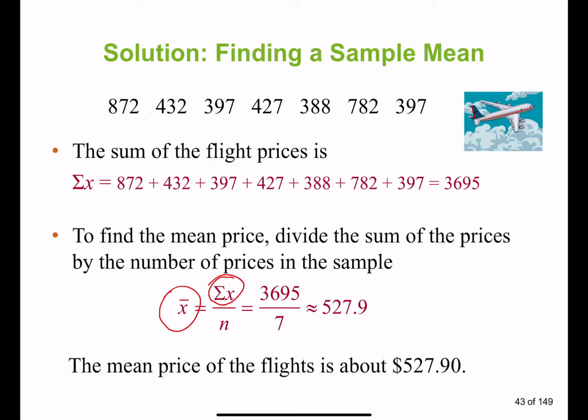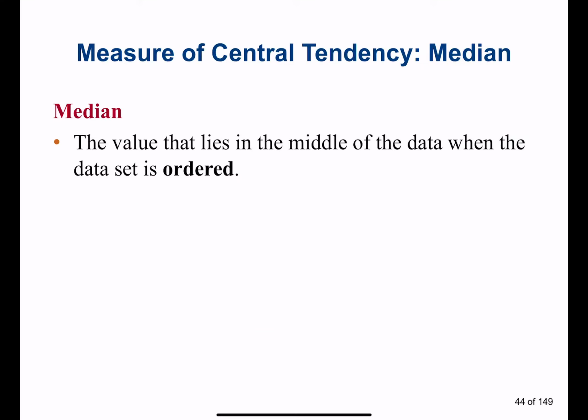We add all x's, divide by amount. So sum of all x's is equal, we add all these ticket prices, right? 1, 2, 3, 4, 5, 6, 7, and then divide by amount of tickets. Ticket price is 7, which approximately gets average price $527.90. Now let's figure out the median.